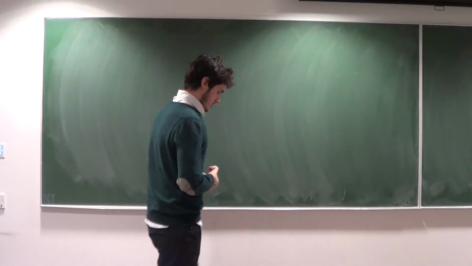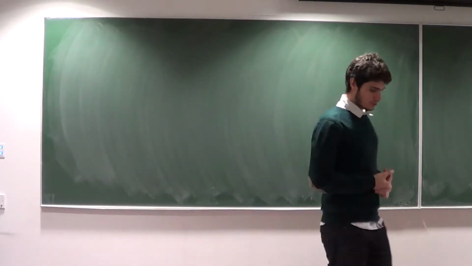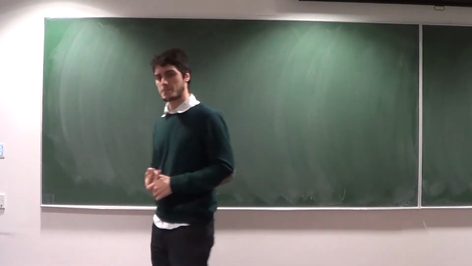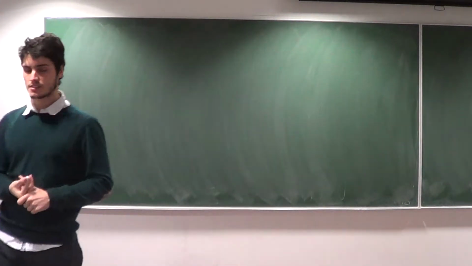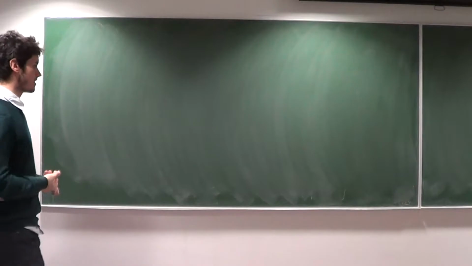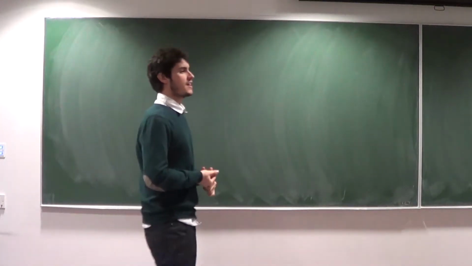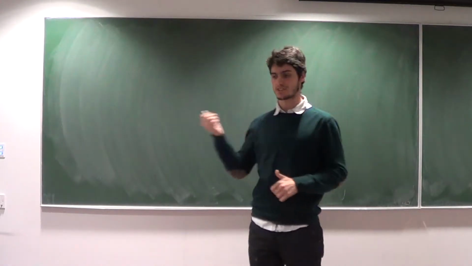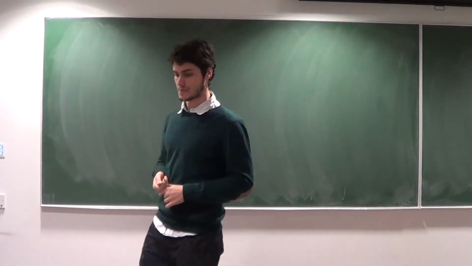Okay, so first of all, let's introduce the subject by recalling Newtonian mechanics. When we do classical mechanics, we normally think of three-dimensional space and particles moving on arbitrary trajectories in this three-dimensional space.